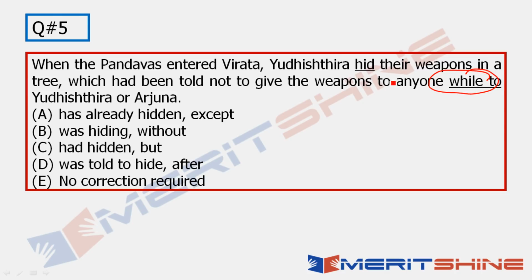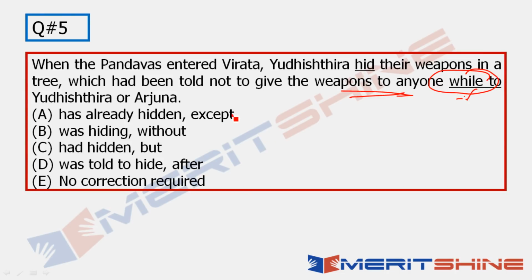What they are saying is that they told the tree that the weapon should not be given to anyone except Yudhishthir or Arjuna, or some similar word like that. So other than Yudhishthir or Arjuna, you should not give the weapon to anyone else, right? So you need a word like except or other than here.